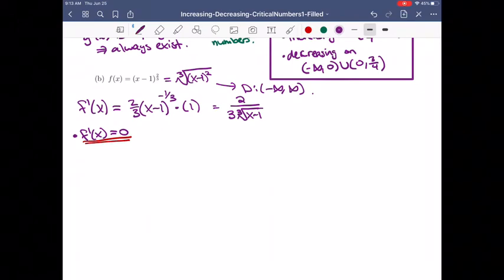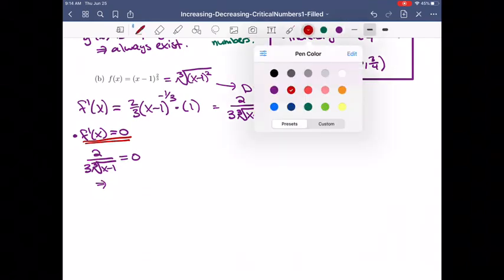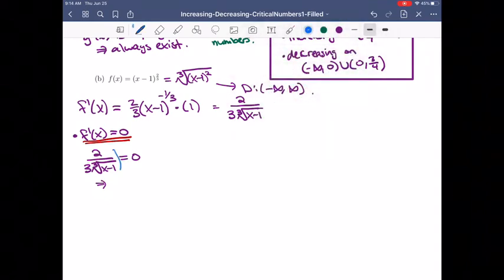Okay, so when is my derivative equal to 0? Well, I need 2 over 3 times cube root of x minus 1 to equal 0. So when does that happen? Well, when you have a fraction equaling 0, it's actually when the numerator equals 0. So if the denominator equals 0, then it doesn't exist. And you could also think about multiplying both sides by the denominator.